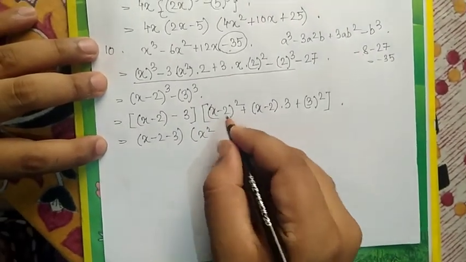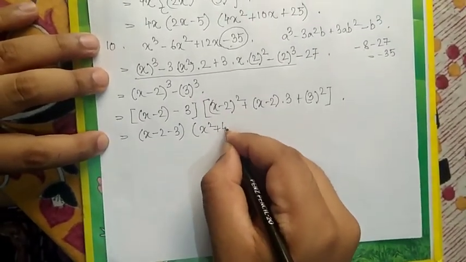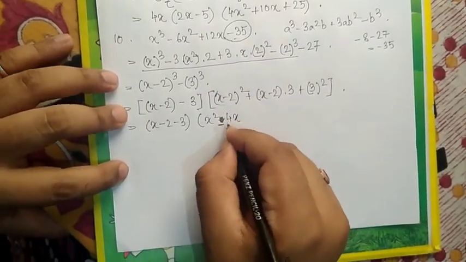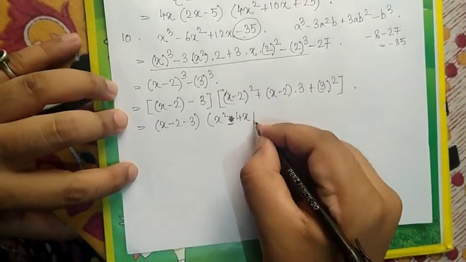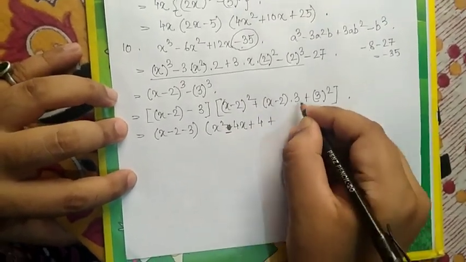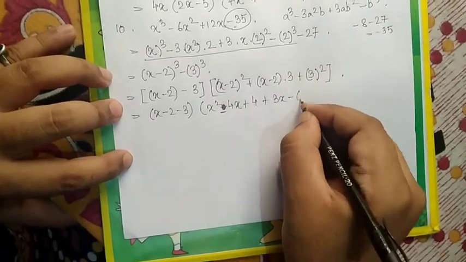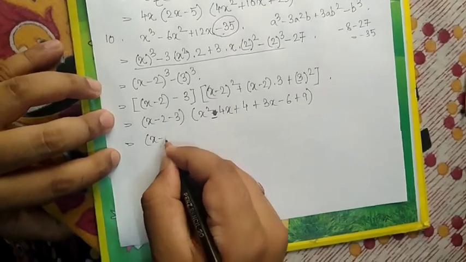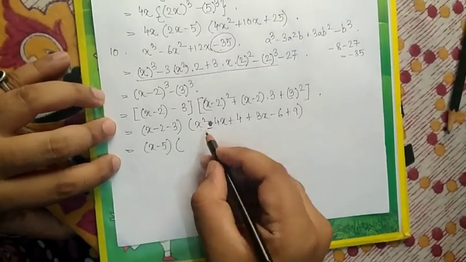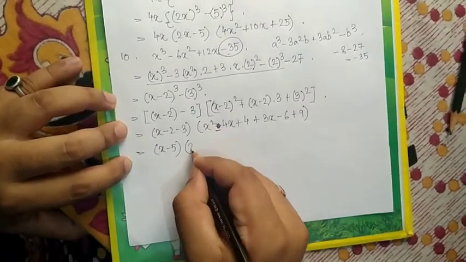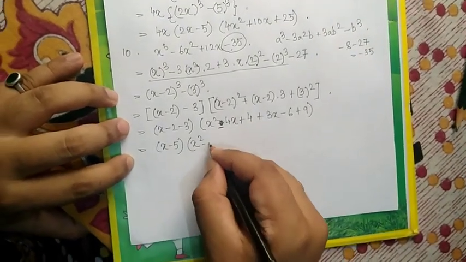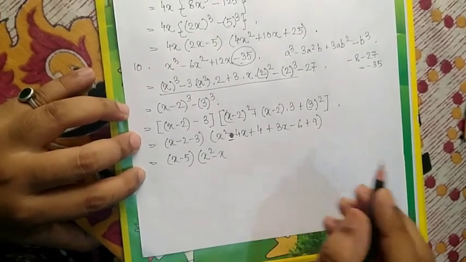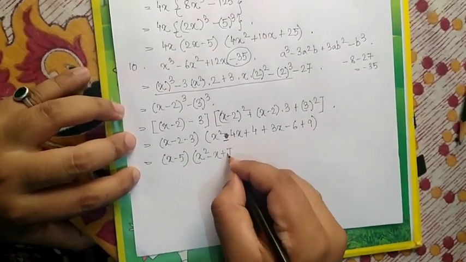A minus b whole square, a square plus, sorry, this is minus a square minus 2ab plus b square, plus 3 into x, 3x minus 3 into 2 minus 6 plus 9, x minus 5, x square minus 4x plus 3x, x square minus x 4 plus 9, 13, 13 minus 6 plus 7.